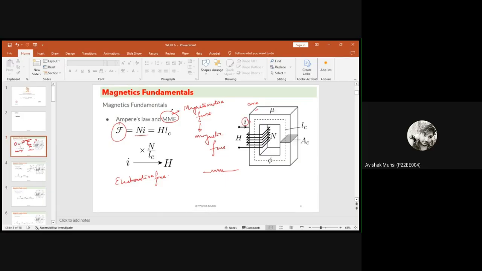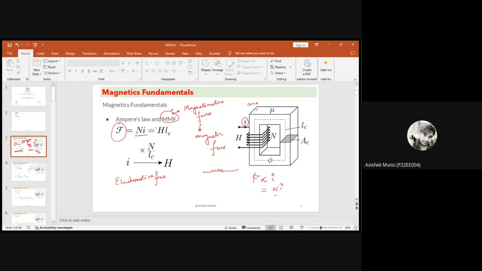So MMF is proportional to current, and it equals Ni, where N is the number of conductors, or the number of wire windings. This can also be written as H into lc.